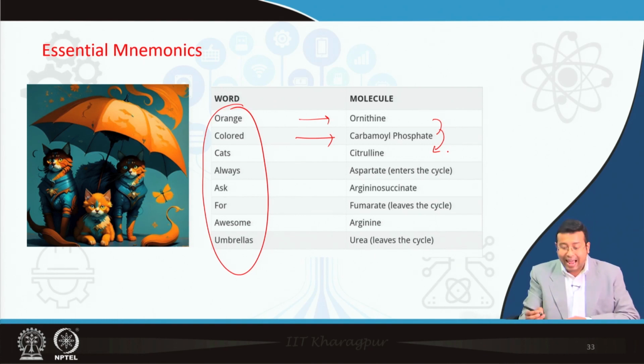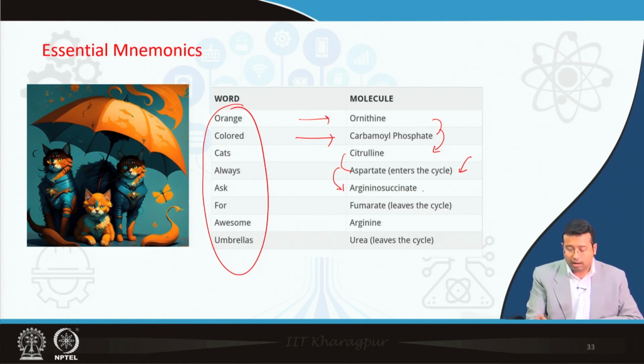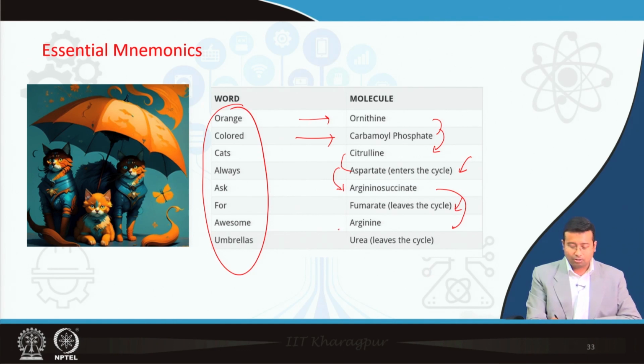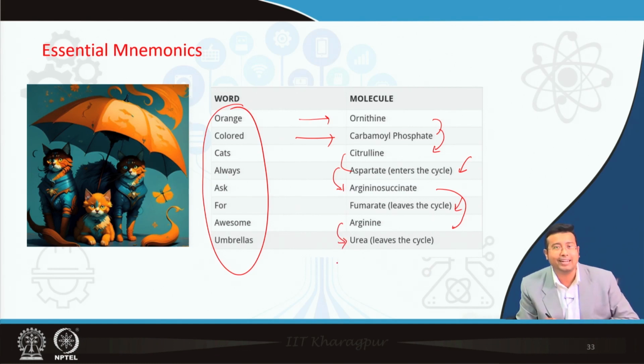Next, aspartate enters the cycle to combine with citrulline to form argininosuccinate: always ask. Next, argininosuccinate breaks down into arginine and fumarate, which enters the TCA cycle, and ultimately arginase acts on arginine to form urea.